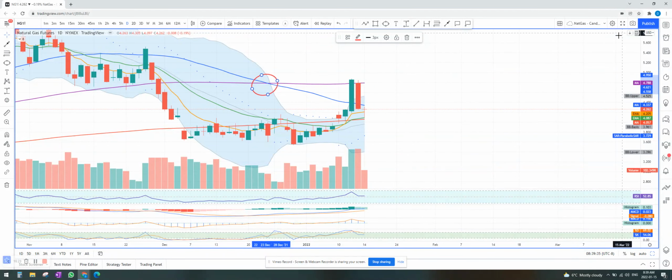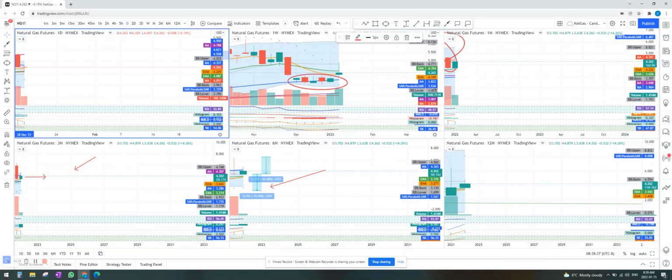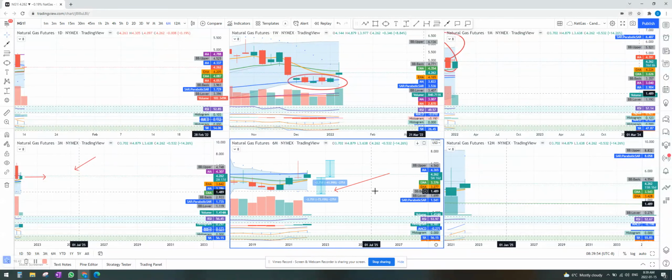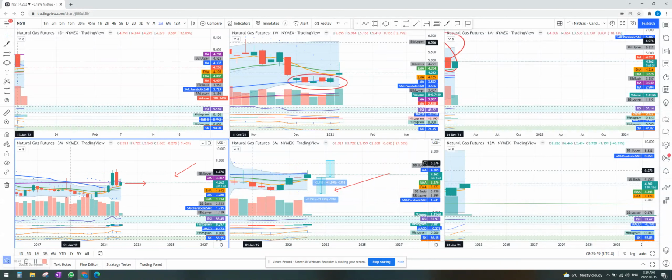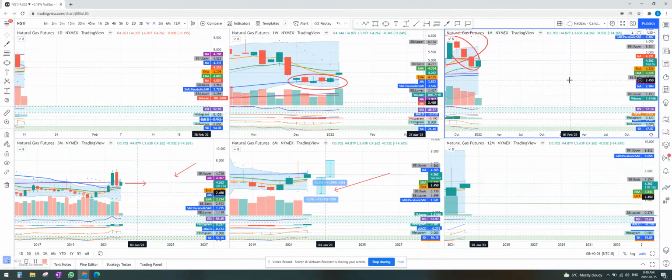Now, if we look at all of them together, what do we have? We can summarize that natural gas is expected to decline based on the 6 months candle, quarterly candles, and monthly candles. It is expected to decline, and the decline is probably going to happen in the first half of the year.